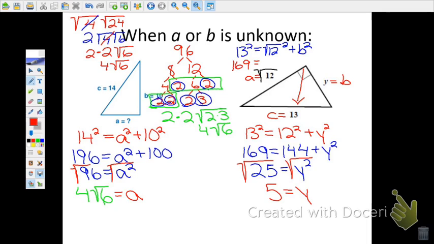They cancel each other out. Just like with the y squared, the square root and the square cancel each other out. Just left us with the y. So if the square root and square cancel each other out, we're left with the 12.